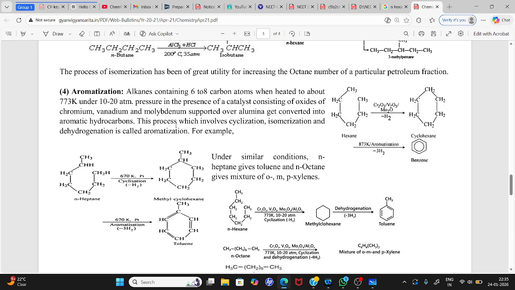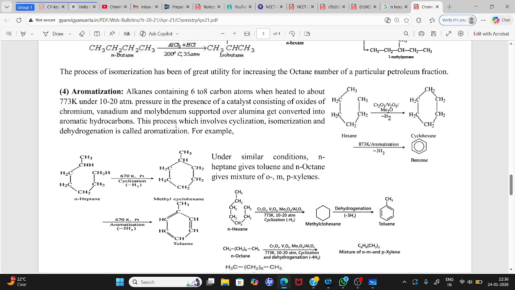They could be either of chromium, they could be vanadium, means Cr2O3 also does the job. Vanadium pentoxide V2O5 also does this job. And in our case, molybdenum oxides also do the same job. In this range of temperature 773 Kelvin under 10 to 20 atm pressure, they convert into aromatic hydrocarbons.